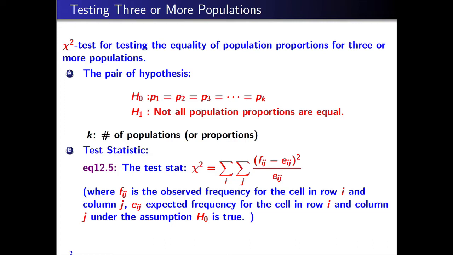Therefore, if we know how to compute Fij and Eij, then we'll be able to use this formula to compute the test statistic chi-square.